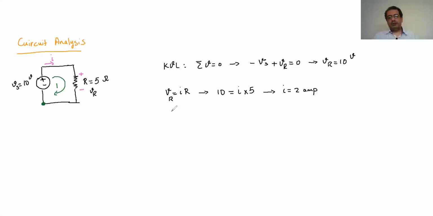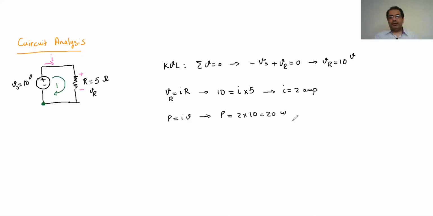And then, in case you need it, if I ask you what's the power the resistance uses, you can just use P is IV, and say that the power in the system is the I, which is 2 amps, times the voltage, which is 10, so this resistor is using 20 watts of power, in case you need to calculate that.